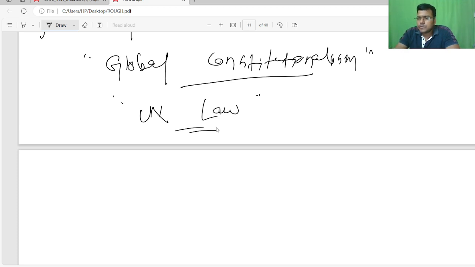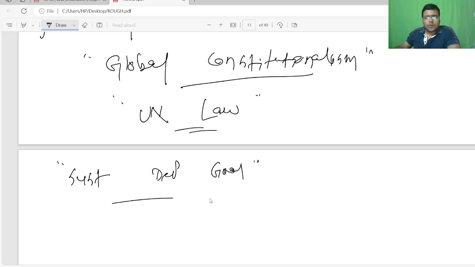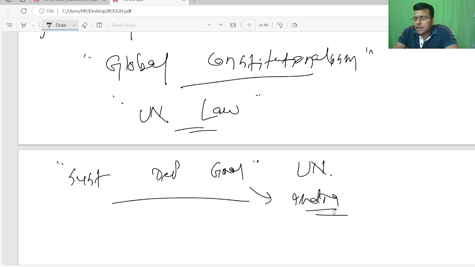The concept of sustainable development goals is promoted by the UN and adopted by India. So India tries its best to implement all sustainable development goals by 2035. Why? Because in global constitutionalism, every nation is bound by the rules and law of the UN.